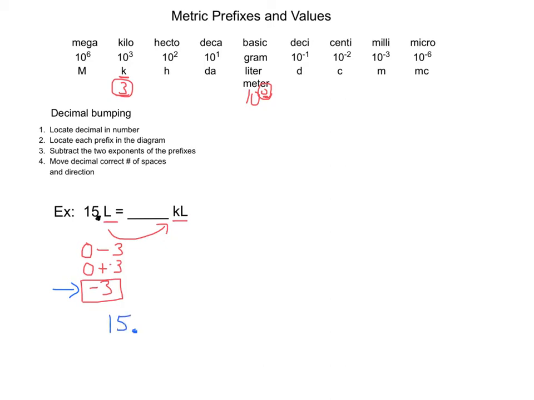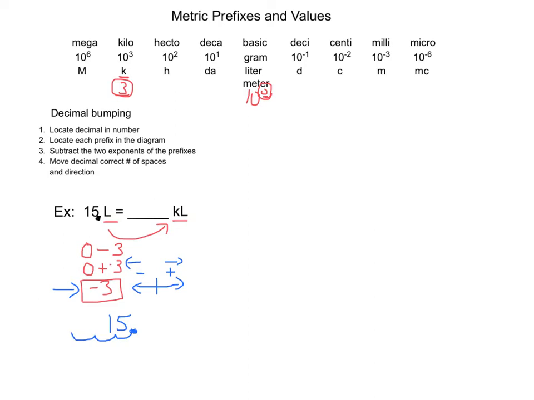Now remember, the decimal was right here after the number, so the 3 and the negative tells me I'm going to move to the left because I want to think of this like a number line, and on a number line my positive values are to the right, my negative values are to the left. So I'm going to move this decimal point 1, 2, 3.